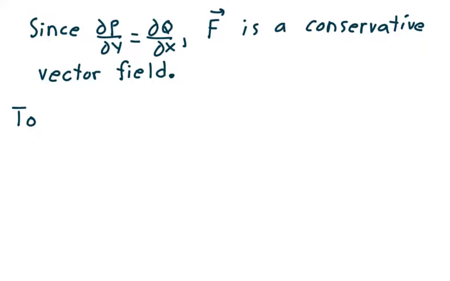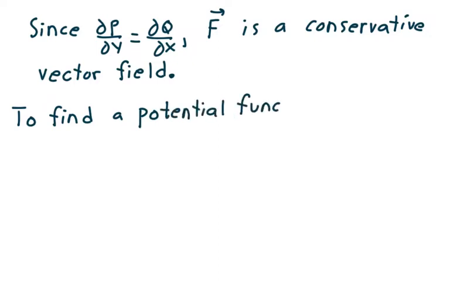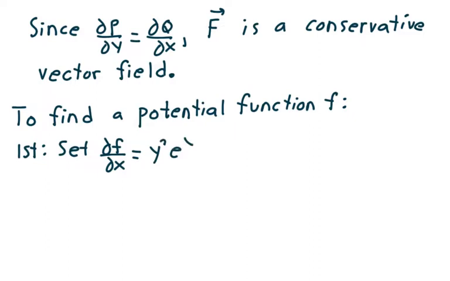Now, to find a potential function f, this is what we do. First, we're going to set the partial of f with respect to x equal to y squared e to the xy. Okay?